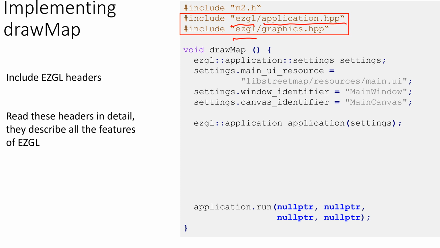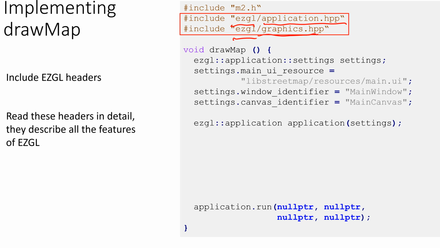Application.hpp. HPP is just another .h name. Some people call header files .h, some call them .hpp, so it's just a .h file. Application.hpp defines a class called the application class for ece2. It is what you need to start the graphics and to make what are called widgets. Widgets are things like buttons that you can interact with.